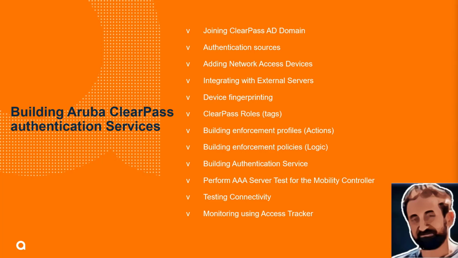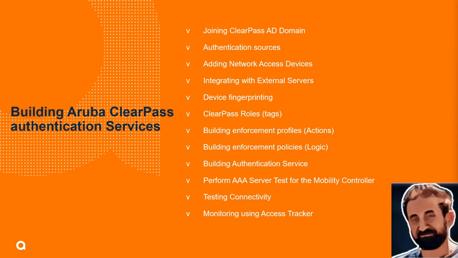We'll also look at how device fingerprinting works, how roles are created and the role mapping policy, and how to build enforcement profiles, which are the actions that will be sent back to the NAD device, which is either a switch, a controller or an AP, and then how you combine all of these together.